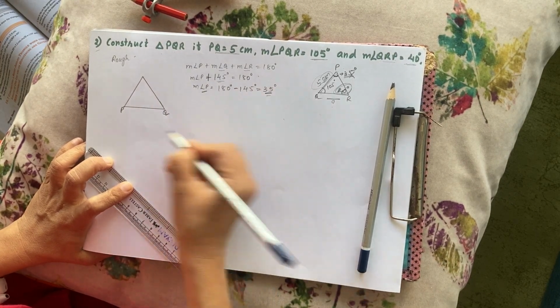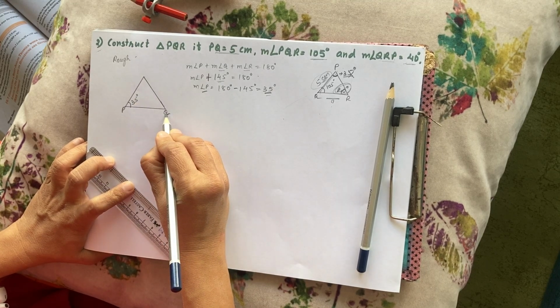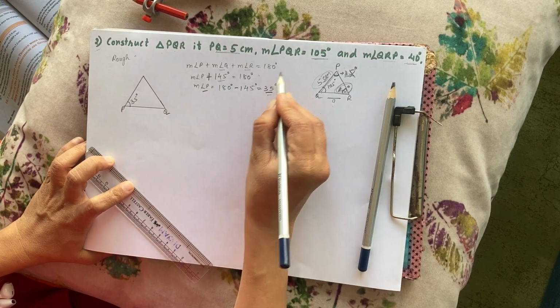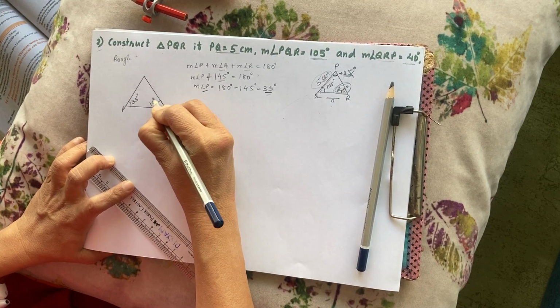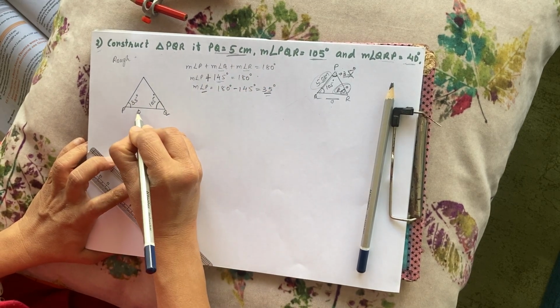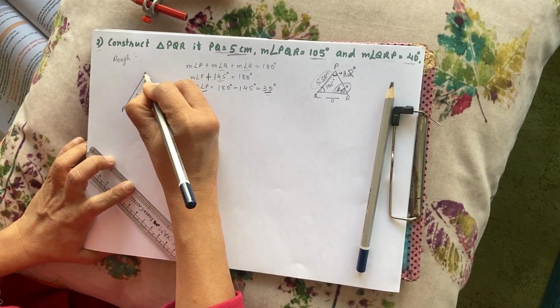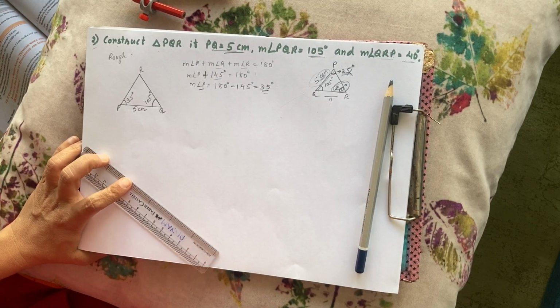P I got 35 degrees. So this is my 35 degree. This is 105 degree, children. Right? So Q is 105 degree. And PQ is already given, that is 5 centimeter. Forget about R. We don't need to worry about R whether it is 40 degree. We'll check it at the end.